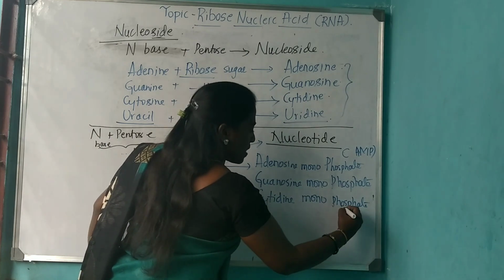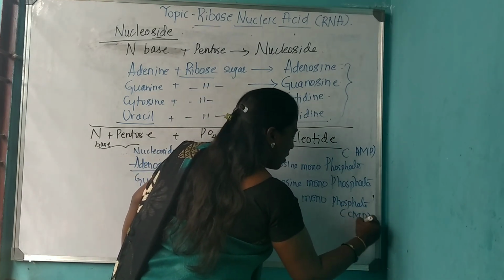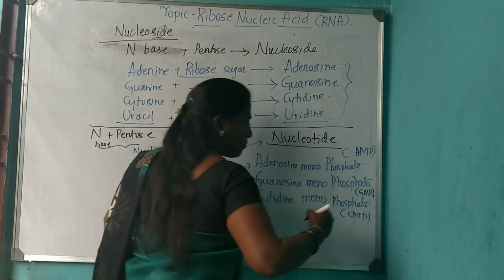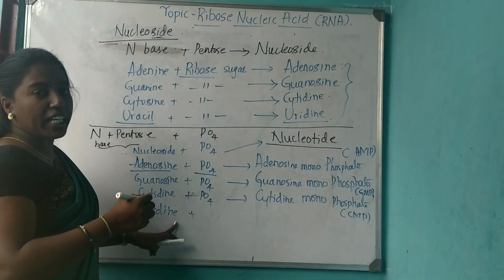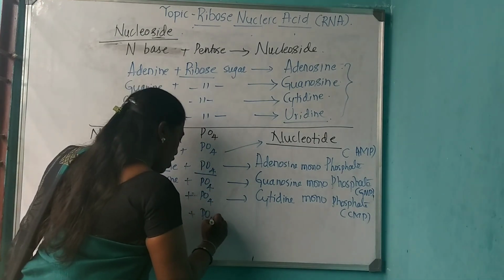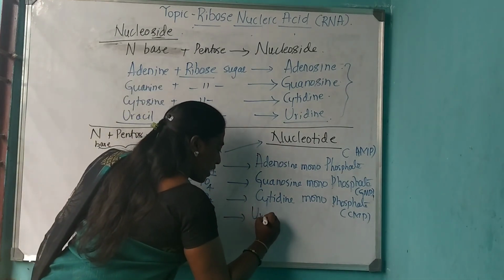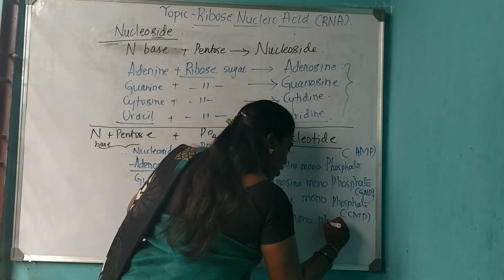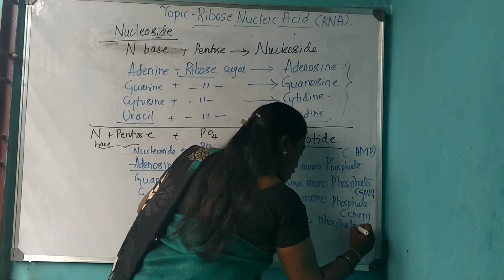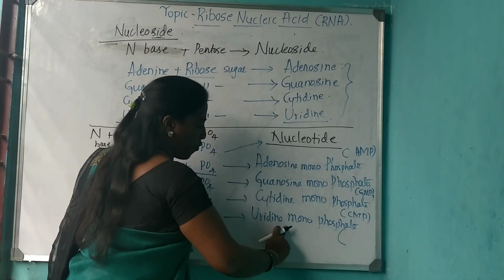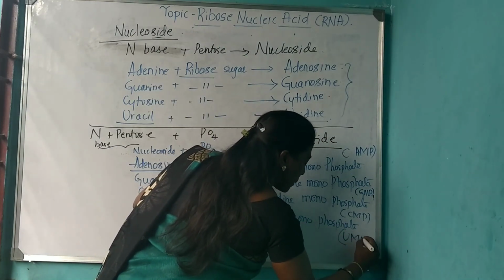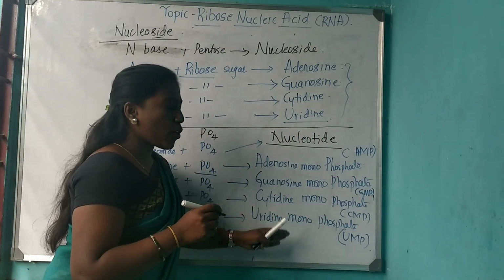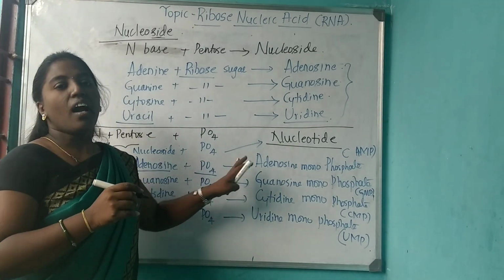In short form, we write this as CMP, and guanosine monophosphate as GMP. The next is uridine combines with phosphate to form uridine monophosphate, in short form UMP. So these are the 4 different types of nucleotides found in case of the RNA.